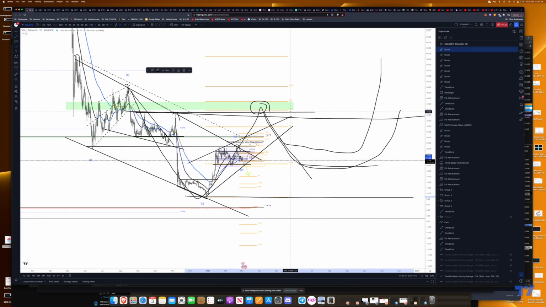If Bitcoin was to pull back, this will likely pull back from here, and I don't think we'll pass this level here, but time will tell. But that is definitely a Fibonacci resistance level, and also this level here. So that's what I'm thinking along those lines.